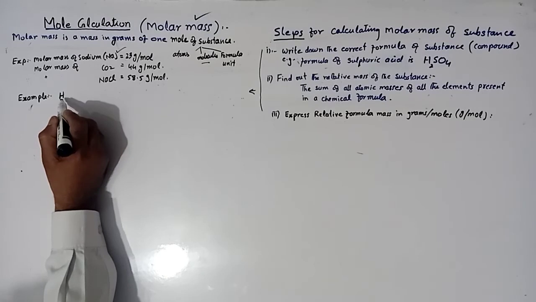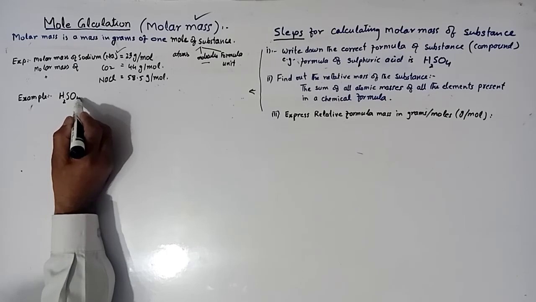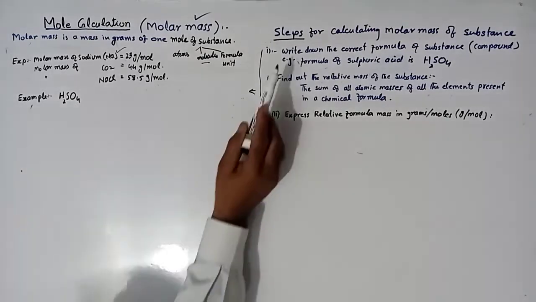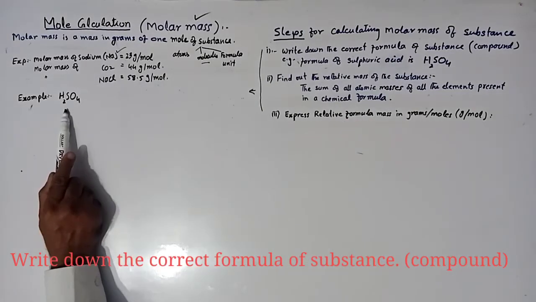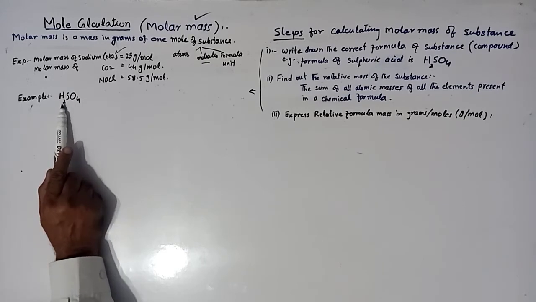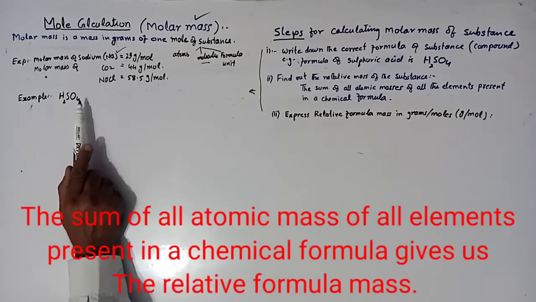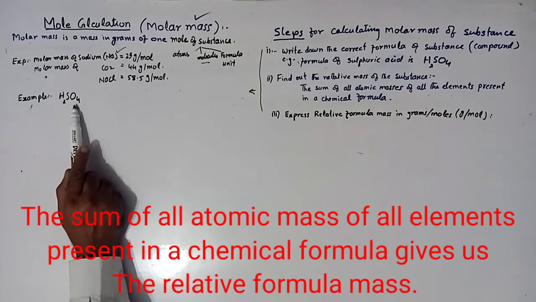For example, find out the molar mass of H2SO4. So the first step is to write down the correct formula of the substance. This is the correct formula of the substance, that is sulfuric acid. The sum of all atomic masses of all elements present in a chemical formula gives us the relative formula mass.